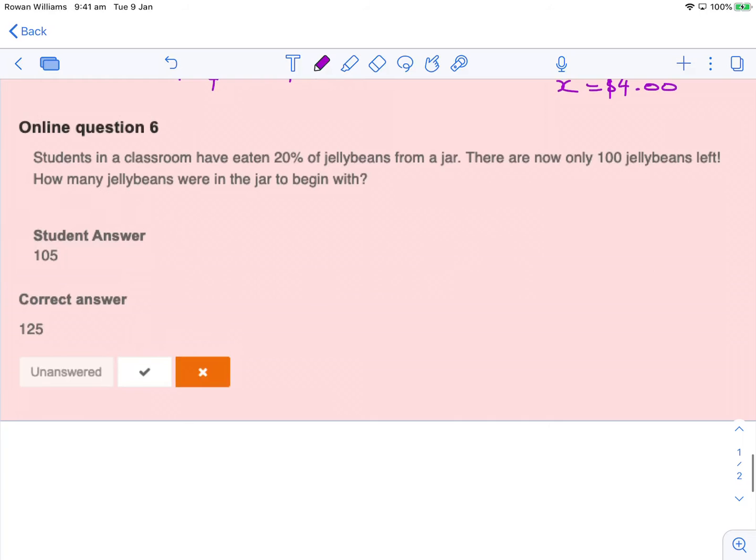It's a similar sort of one, except this time we started with 100% of our jelly beans. And now they've eaten 20% of the jar. So we've lost 20%. So now we've gone down to, if I've lost 20%, I'm sitting at 80% in my jar.